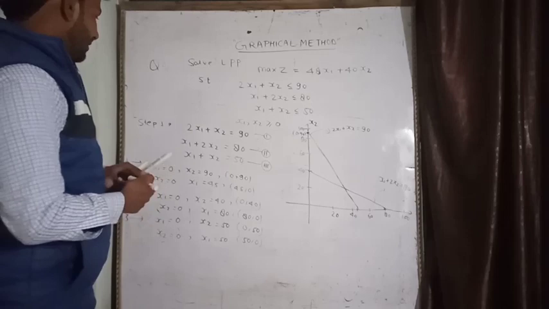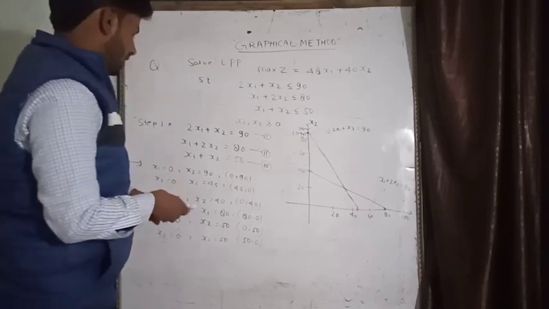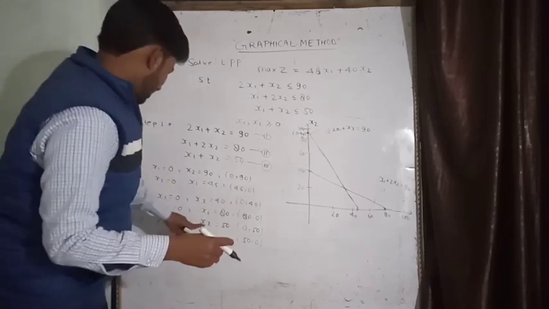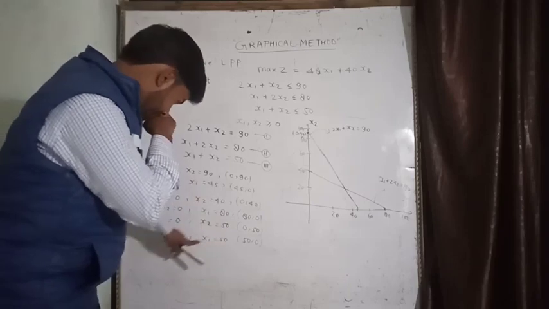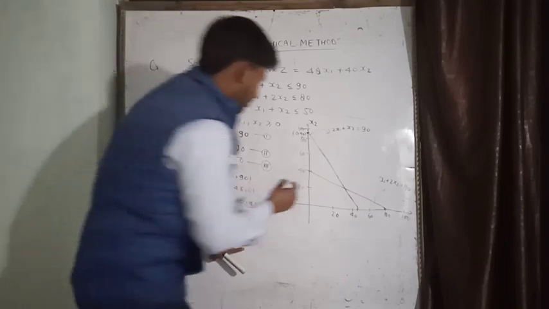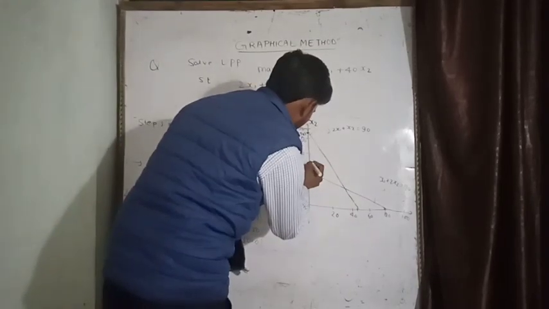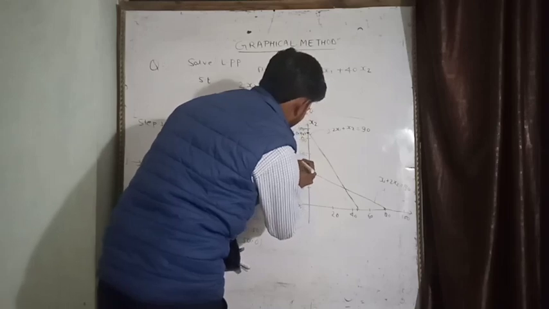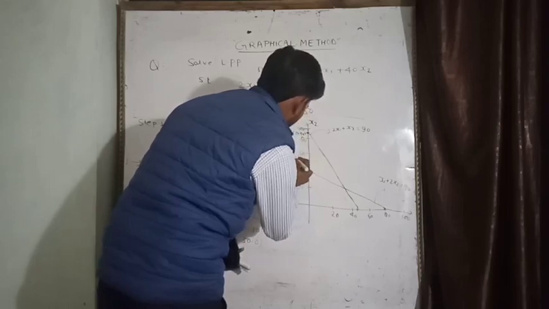Now for the third line, x1 plus x2 is equal to 50, the points are 0, 50 and 50, 0.